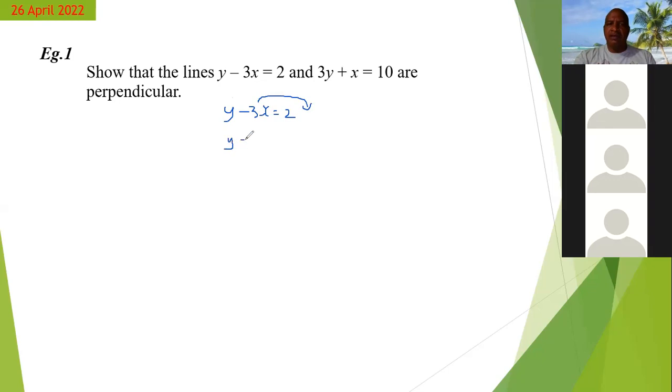And now we'll have y equal to 3x plus 2. All right, and so this would be the first equation, so if you want to call it equation 1.